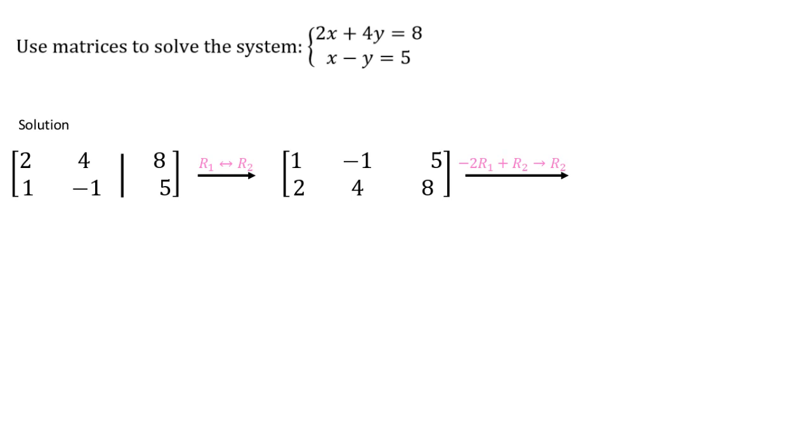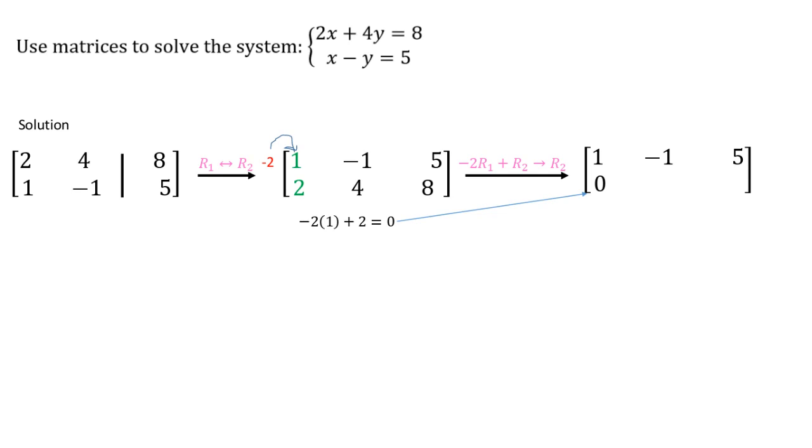So when I multiply negative 2 times 1, it's going to give me a negative 2. When I multiply negative 2 times negative 1, that's a positive 2. And when I multiply negative 2 times 5, it's going to give me a negative 10.